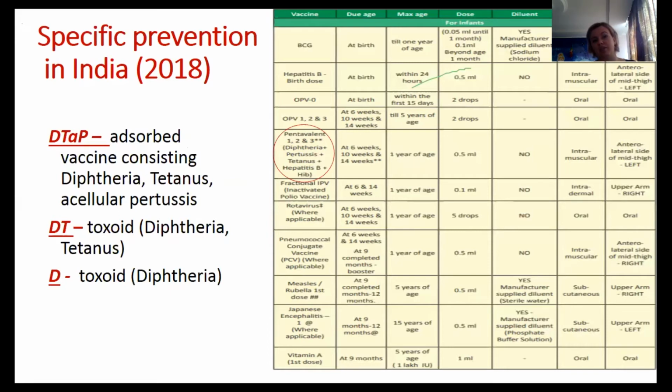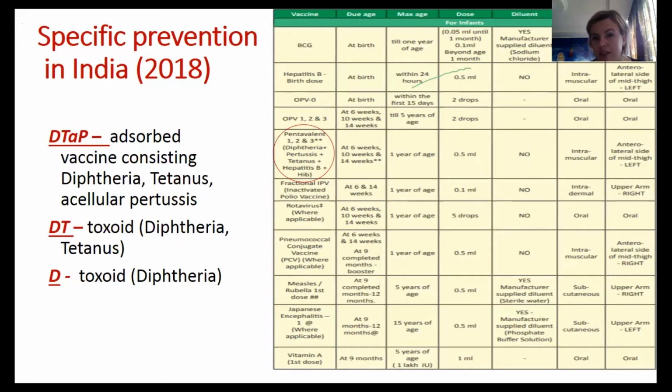Specific prevention in India. I found the immunization schedule in India, published in 2018. We should prevent diphtheria by DTaP, diphtheria, tetanus, acellular pertussis vaccine.